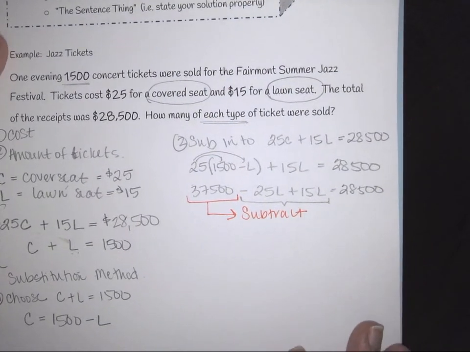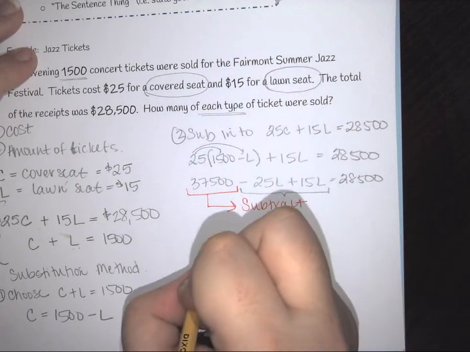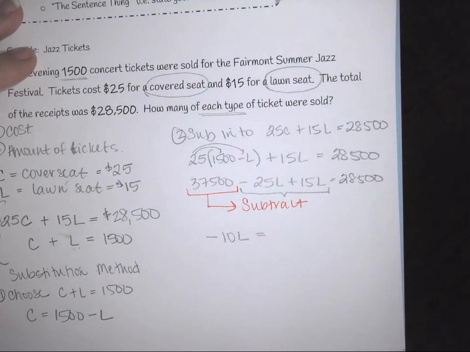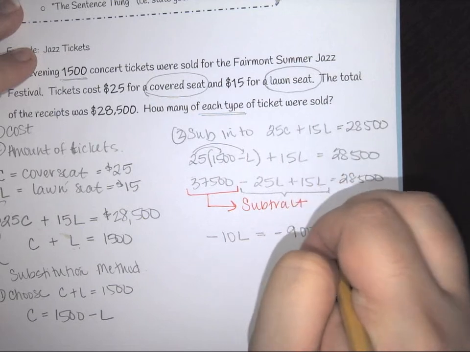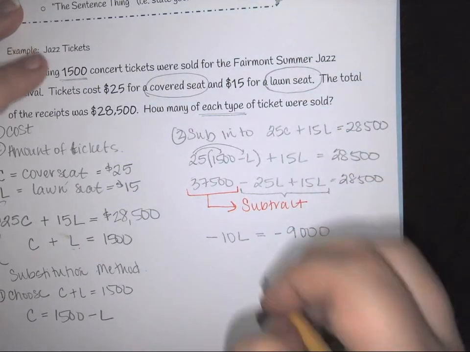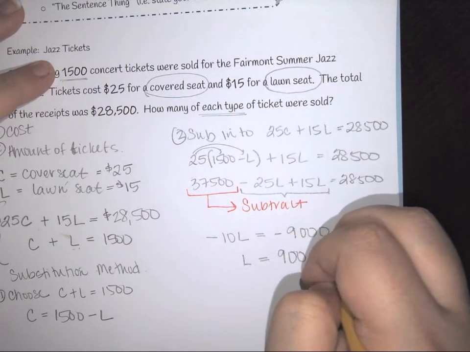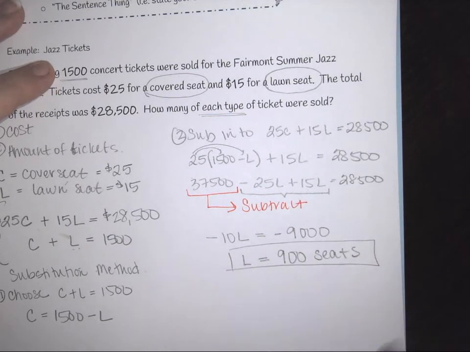So 25 minus 15, or plus 15, gives me negative 10L is equal to, and then I've got my 28,500 minus your 37,500 gives you negative 9,000. Divide everything by negative 10 and I get that L is equal to 900 seats. So this would be your first solution.